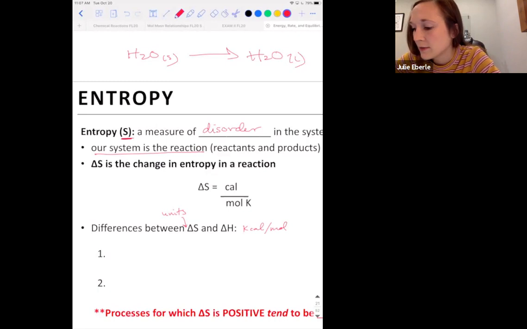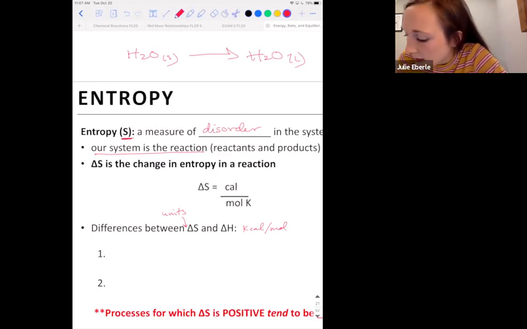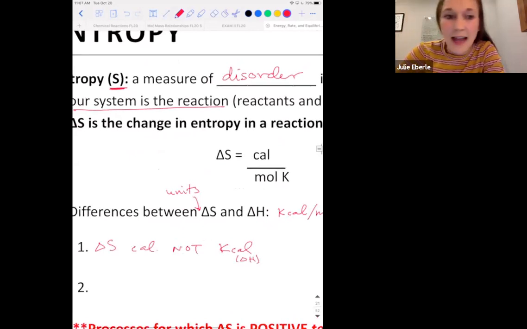So look at the difference here. One difference is that delta S is calories, not kcals, and kcals are our delta H. I'll write that really small beneath. Delta S is calories, not kcals. So why is this a big deal?